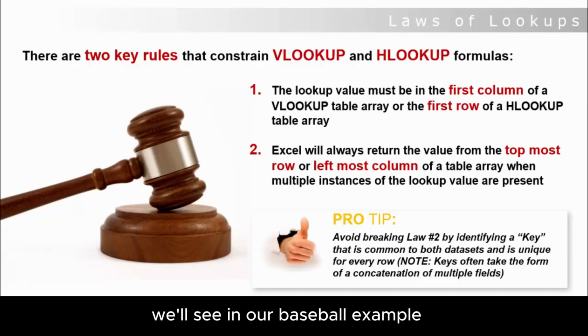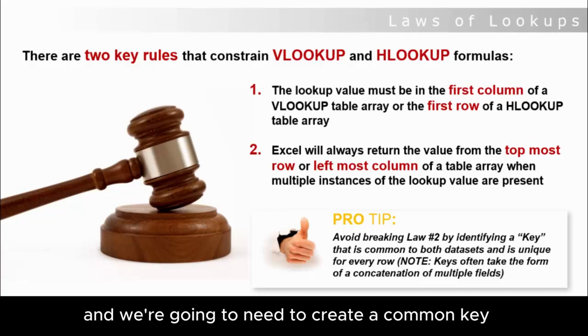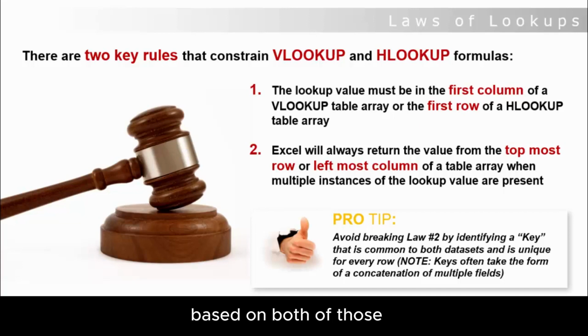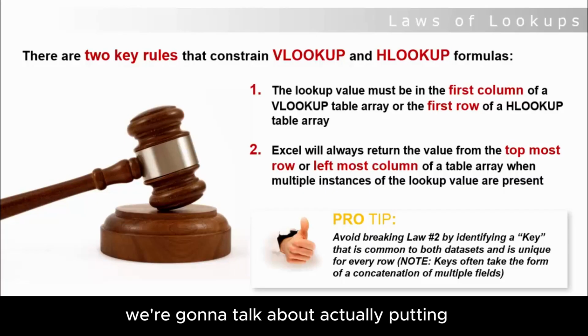So we'll see in our baseball example that we've got players and years, and we're going to need to create a common key based on both of those to properly use the VLOOKUP function. So that's VLOOKUP and HLOOKUP. In the next lecture, we're going to talk about actually putting this into practice by merging our data.